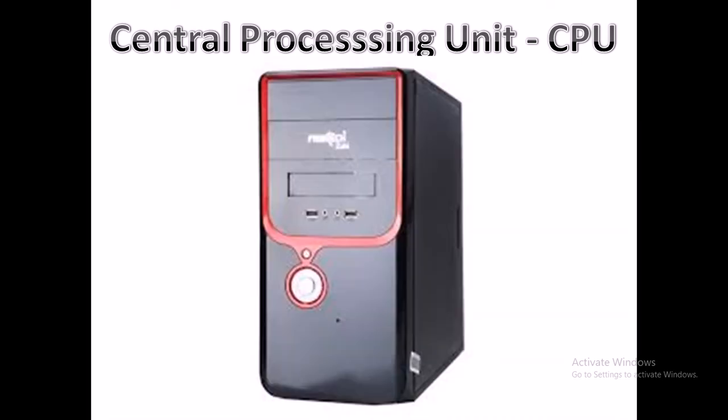The memory unit: as our incidents or other things are stored in our brain, the computer also stores its data into the memory unit. The memory unit stores all the data, programs and information in it.